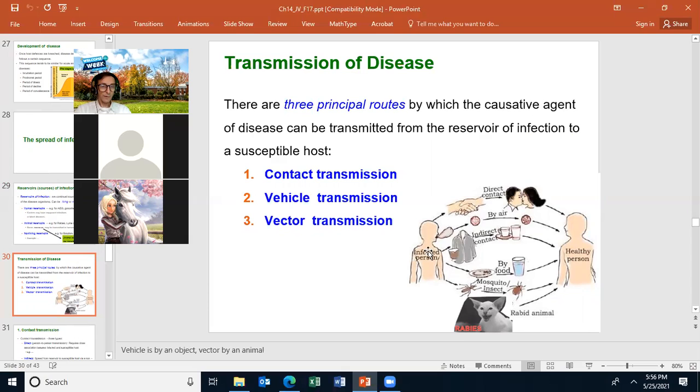Obviously, malaria grows in human and is picked up by a mosquito, which then can spread it to another healthy individual. The complication is that malaria also grows in the mosquito. But still, malaria is transmitted by a vector. So a vehicle is an object spreading the agent to a healthy individual. A vector is an animal spreading the agent to a healthy individual.